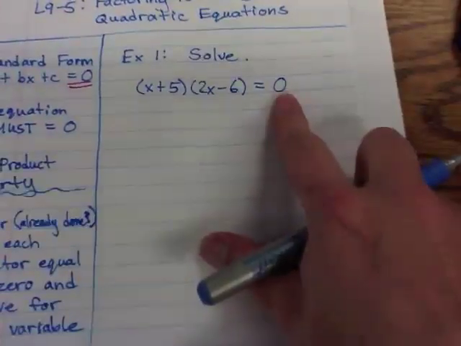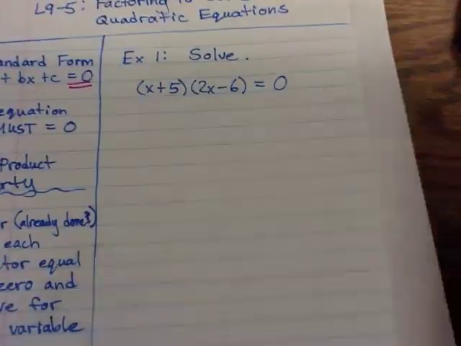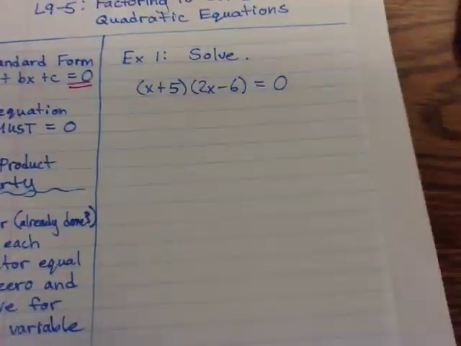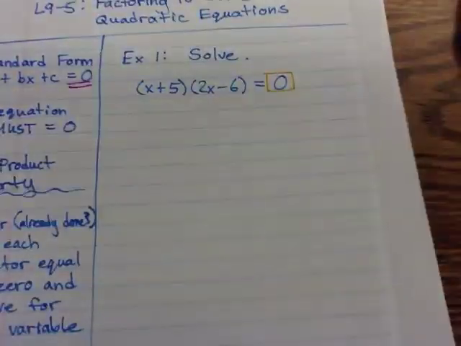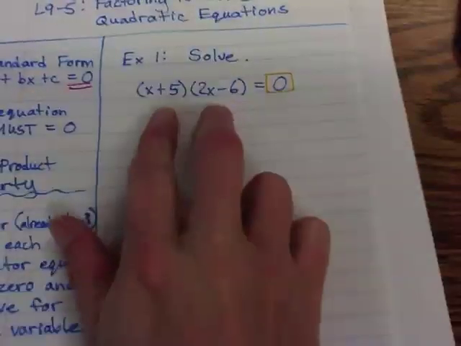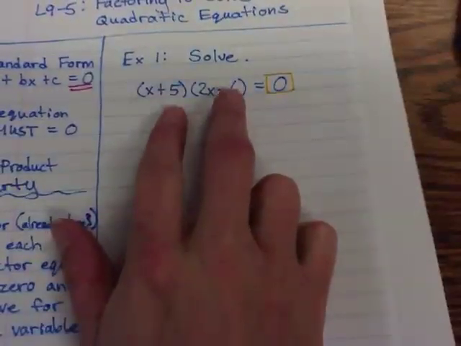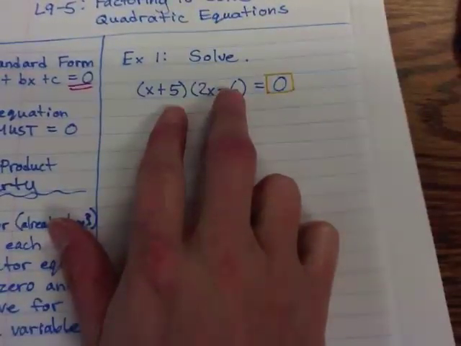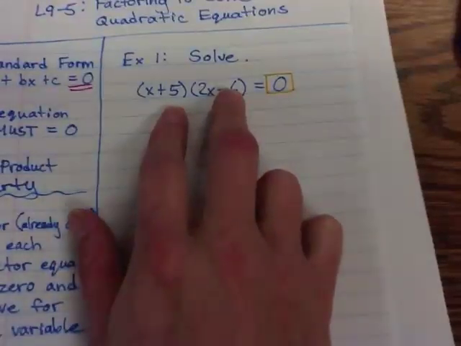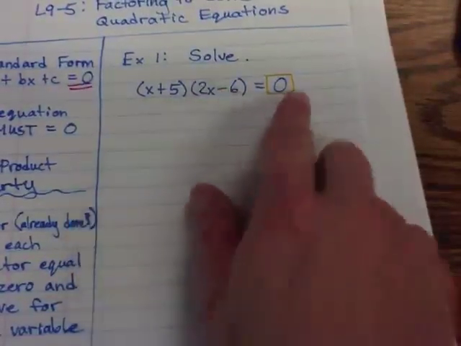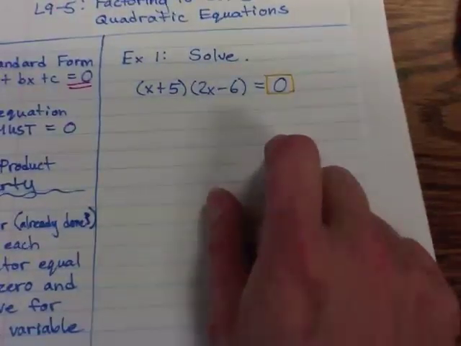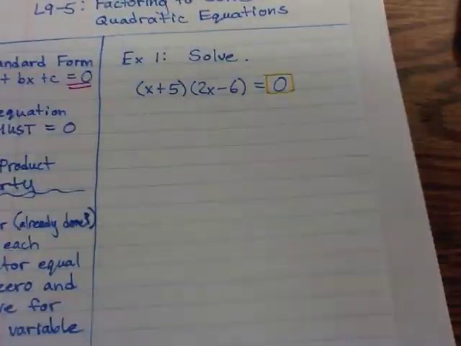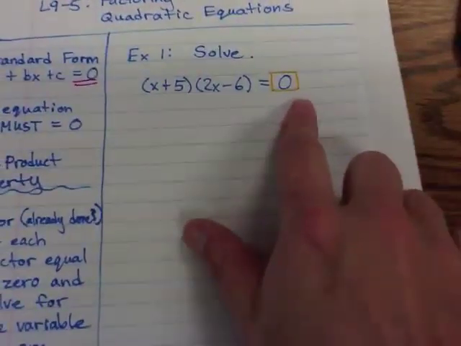Notice it's already equal to 0. Does everyone see that? If it wasn't equal to 0, that's when this problem would become a little more difficult, because you would have to distribute, multiply your two binomials, and then move whatever this number was over to make that 0. Then you'd have to go factor. So sometimes there's an added step there. But in this case, it's already equal to 0.